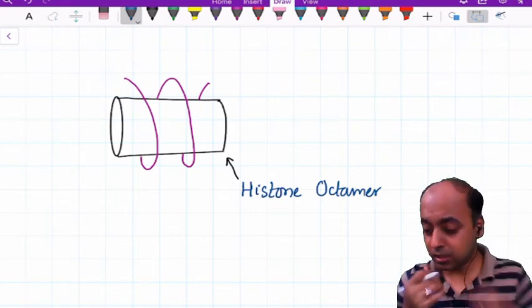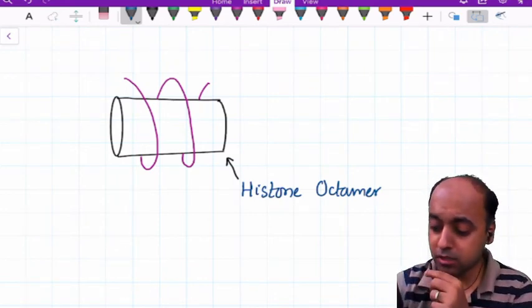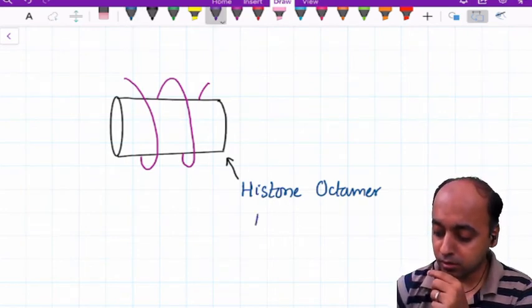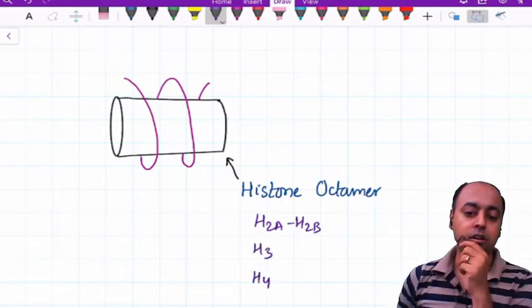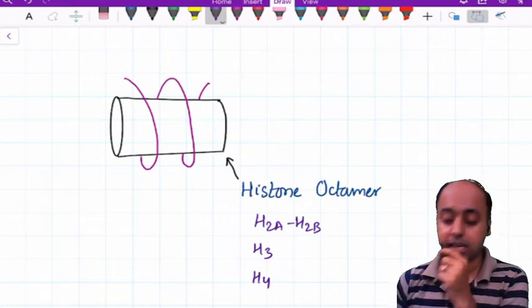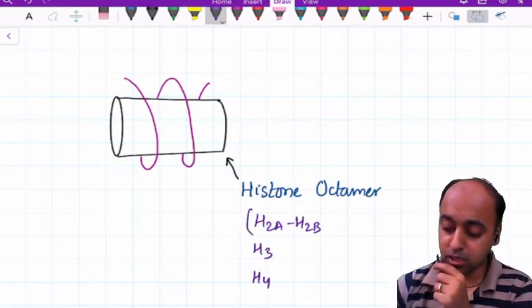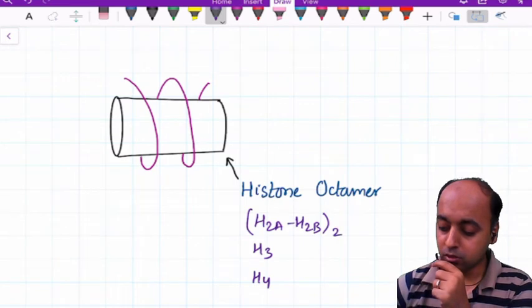Now, if you examine the histone octamer, what will you find? H2A attached to H2B. H3 and H4, that makes 4. We need 4 more. There should be 8. So they are present in duplicates. 2 copies, the dimer.